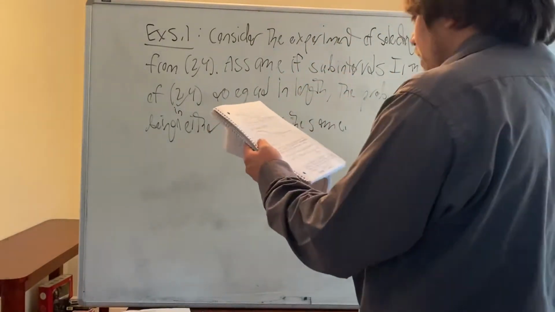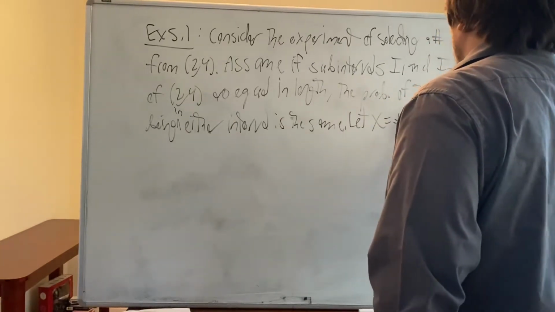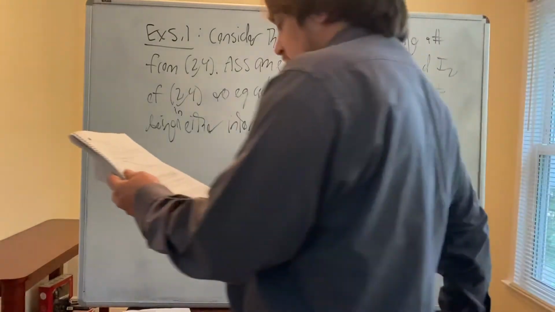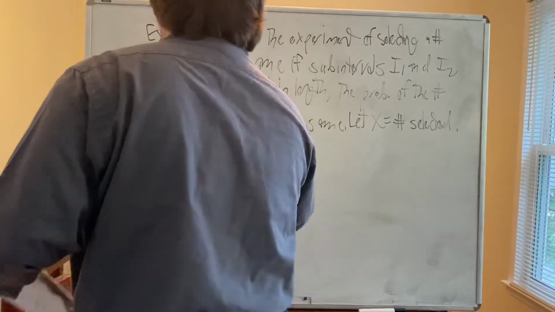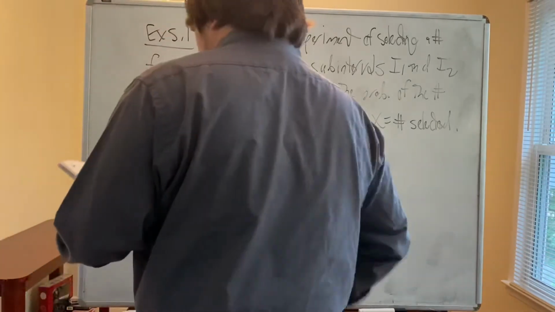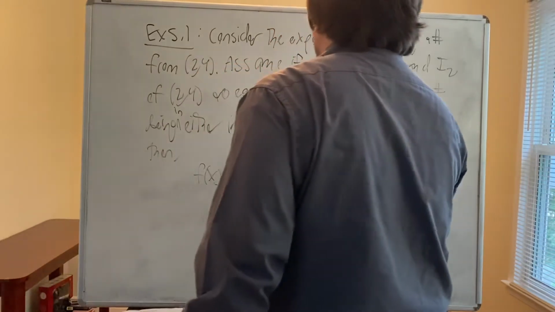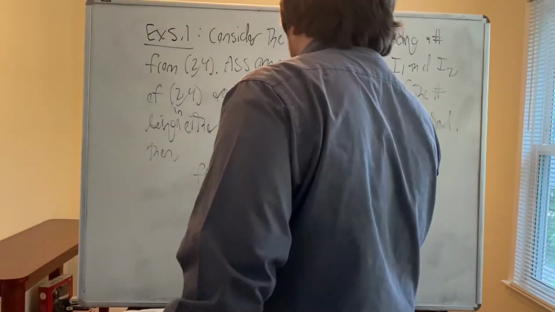Let capital X be the number selected. Then f of x is equal to 1/2 for 2 less than x less than 4 and 0 elsewhere.